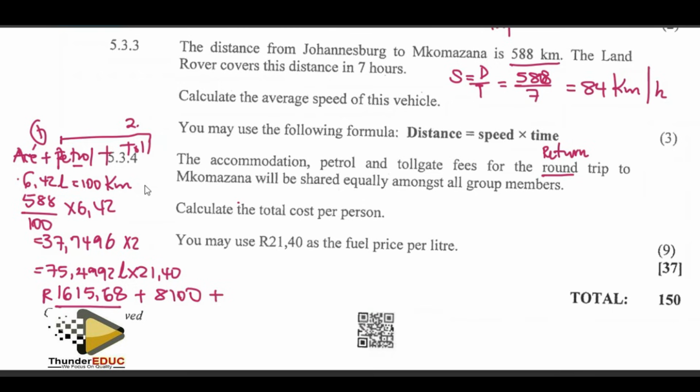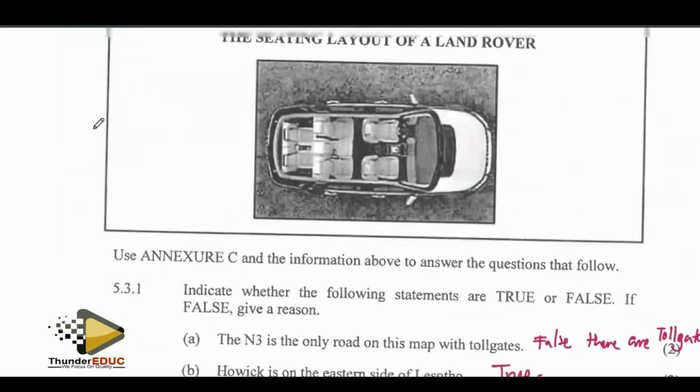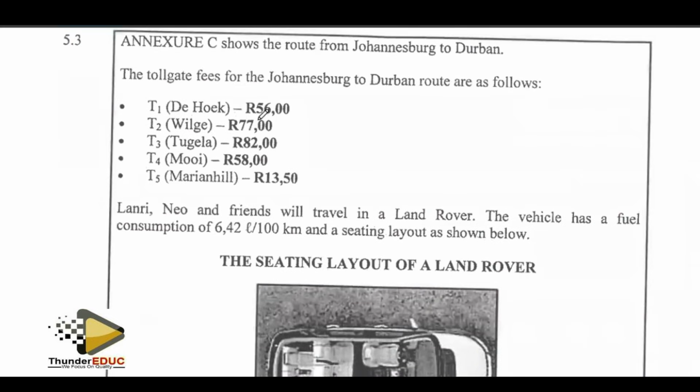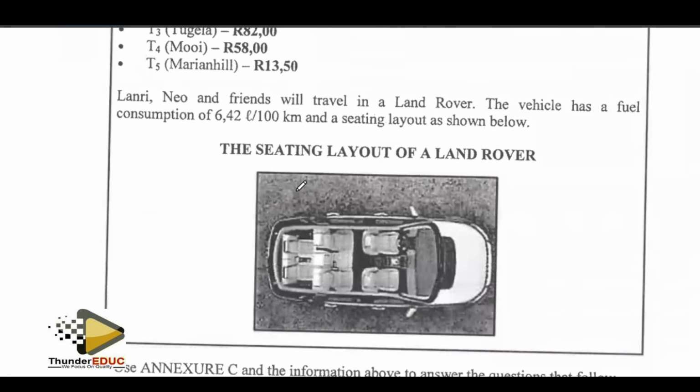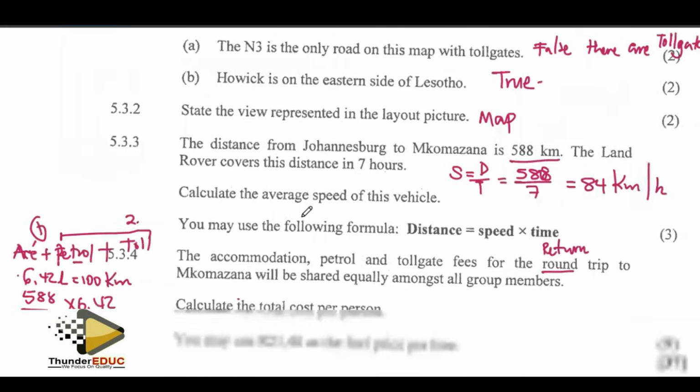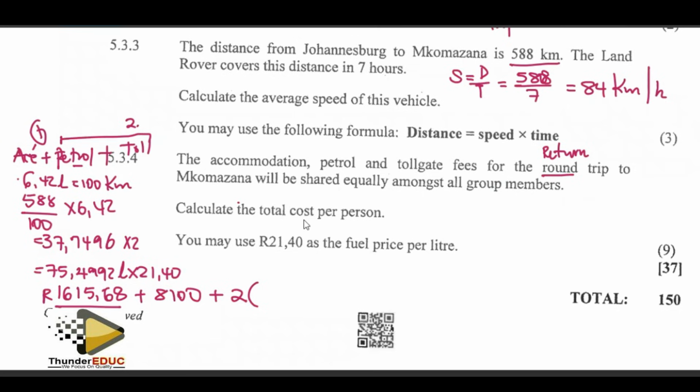Then we are going to add on the toll gates, which is 2 into 56 plus 77 plus 82 plus 58 plus 13,5. We are going to add all these values, which will be 56 plus 77 plus 82 plus 58 plus 13,5.